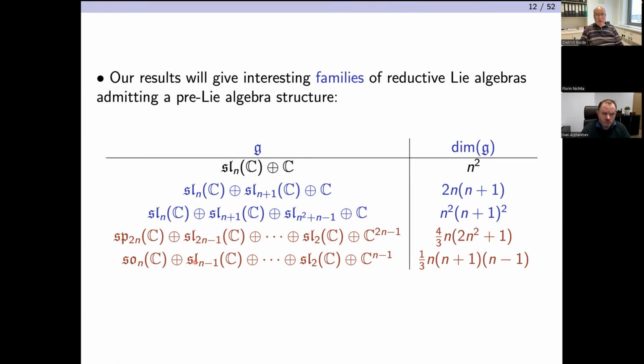And with these two examples, we could also obtain results which are related to other areas. So we could apply this to other problems. And that's the introduction of left-symmetric structures on reductive Lie algebras.